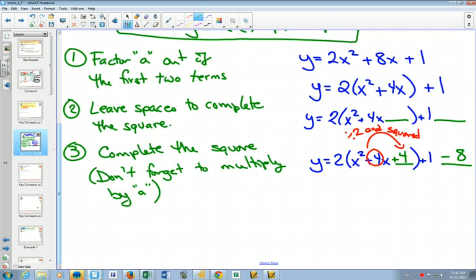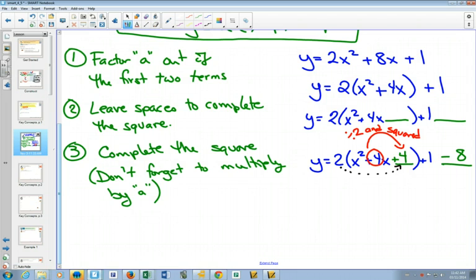And that's why I have, don't forget to multiply by a, because that 4 actually gets multiplied by that 2. So you've actually added 8 by putting a 4 inside the brackets. Because if I want to do nothing on that side, the opposite of adding 8 would be to subtract 8.